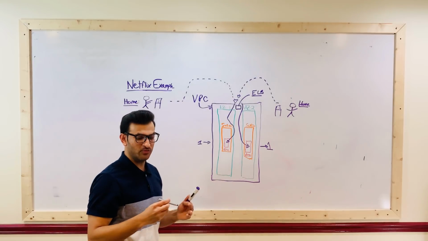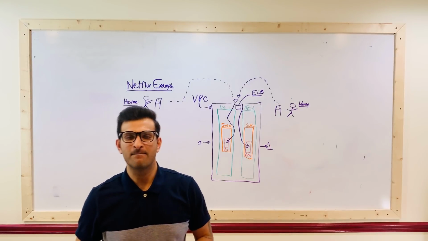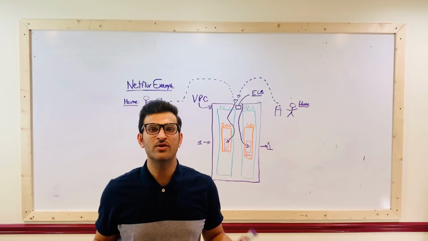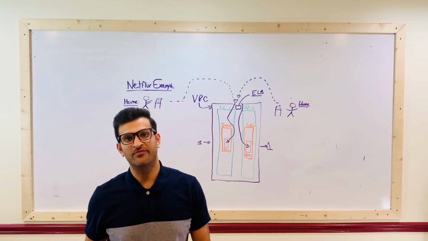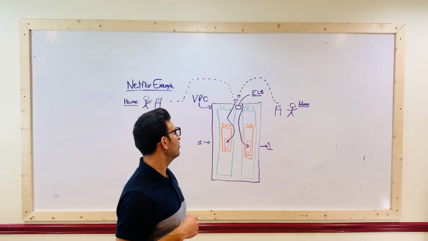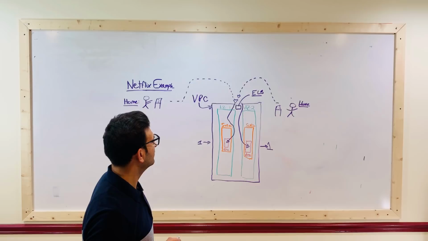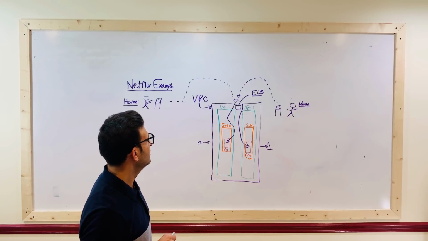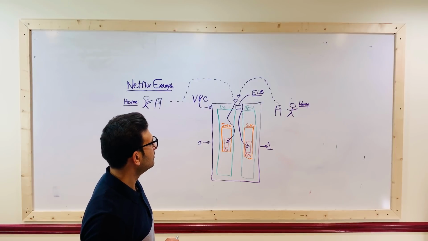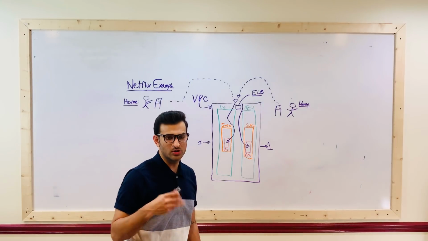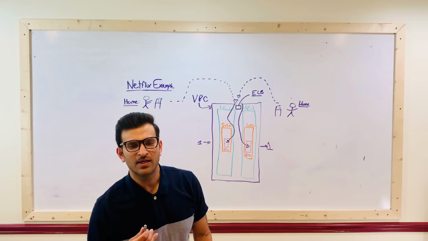So imagine if we amplified this by 1,000 or 1,000,000 people that are watching Netflix. You can imagine how big of a role an elastic load balancer plays in directing traffic from one EC2 instance to another EC2 instance.